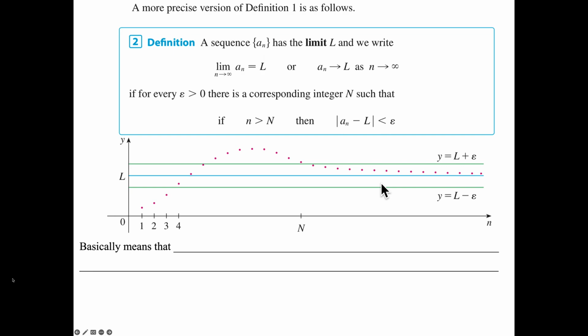A more precise version of definition 1 is as follows. You have your same beginning here, the limit as n approaches infinity of a sub n equals capital L, if for every epsilon greater than 0 there is a corresponding integer capital N, such that if n is greater than capital N, then the absolute value of a sub n minus the limit is less than epsilon.